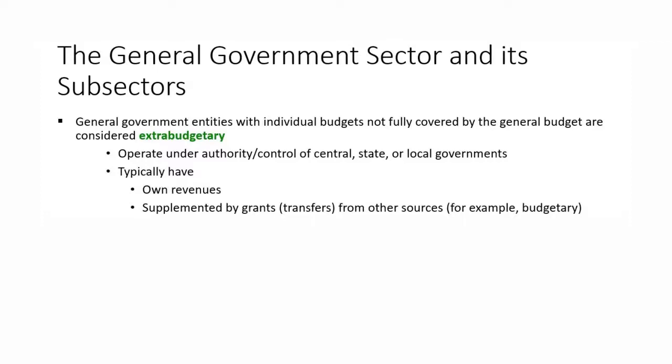Nevertheless, it belongs to the government because it's controlled. It's funded sometimes by taxes, but sometimes also by transfers and grants coming from other countries. There is, for instance, a development fund in one country which is funded by donor countries, but it's nevertheless part of the general government.